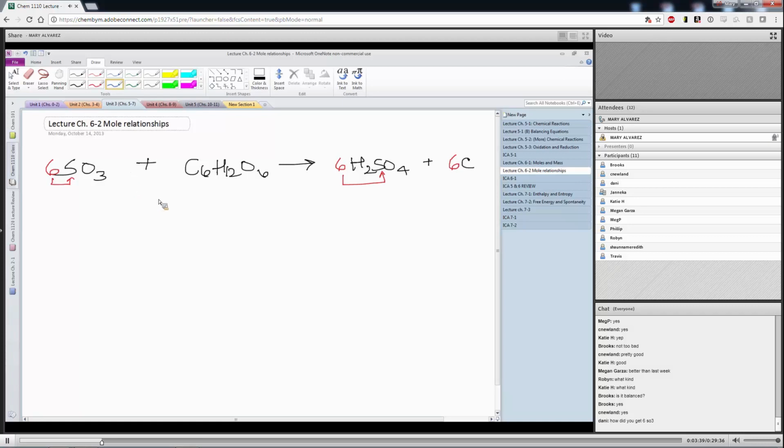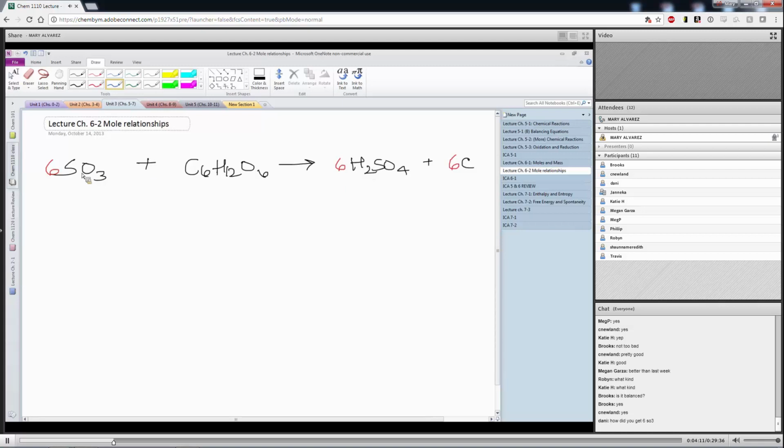Anyways, excellent. The reason that we balance it is because we know that atoms can't be created or destroyed in chemical reactions. We know that they always react in whole number ratios like this, and so this tells me that 6 molecules of SO3 will react with 1 molecule of C6H12O6, and will give me 6 molecules of H2SO4 and 6 atoms of carbon.